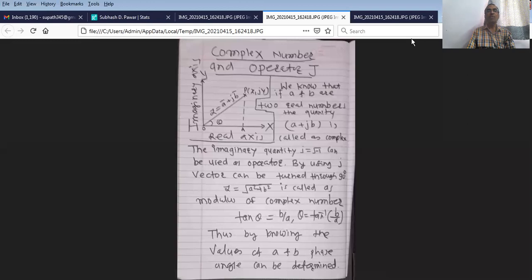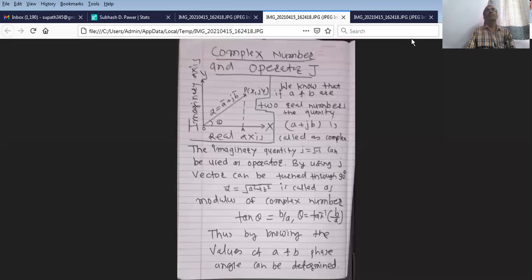Therefore, we can calculate tan theta equals B upon A. Then phase angle theta equals tan inverse of B upon A. Thus, by knowing the values of A and B, the phase angle can be determined. My friends, you have to remember three things.